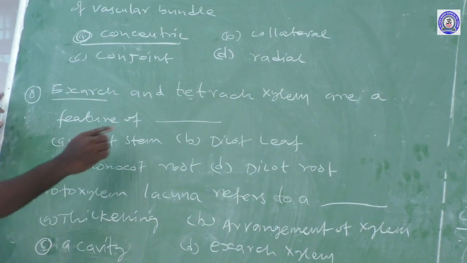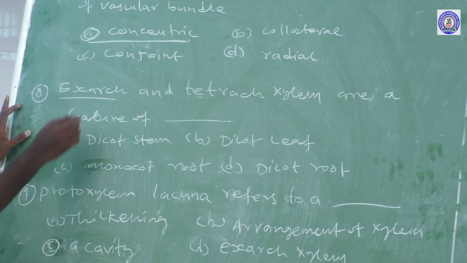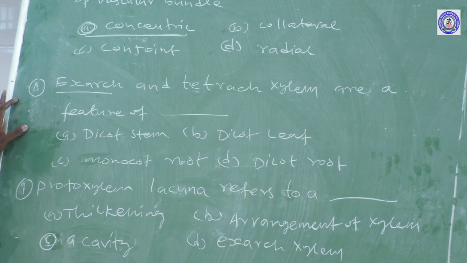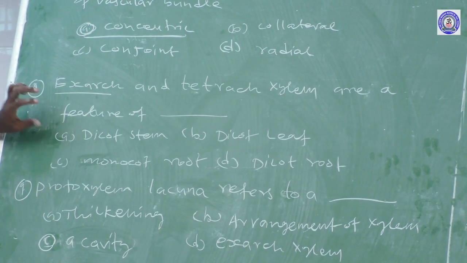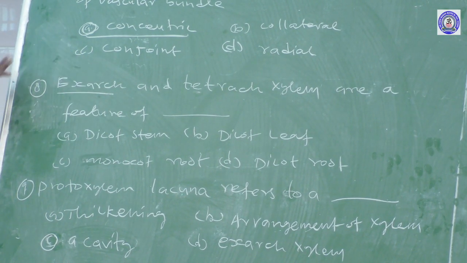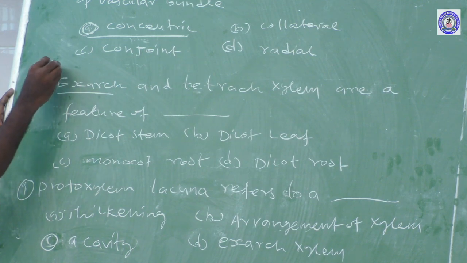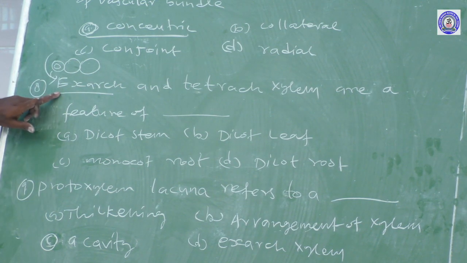Next is exarch and tetrarch. Xylem is exarch and tetrarch. Exarch means the protoxylem is close to the pericycle. That type of xylem is called exarch.